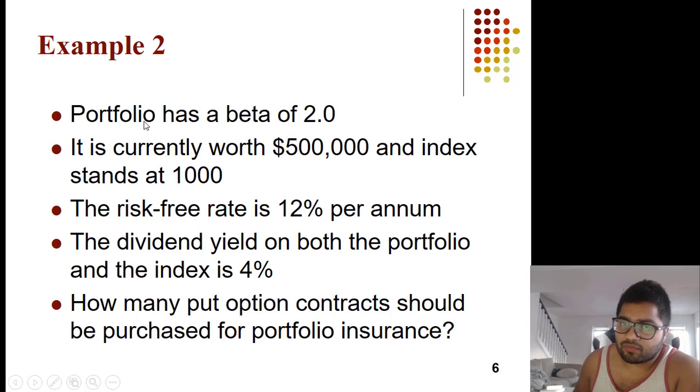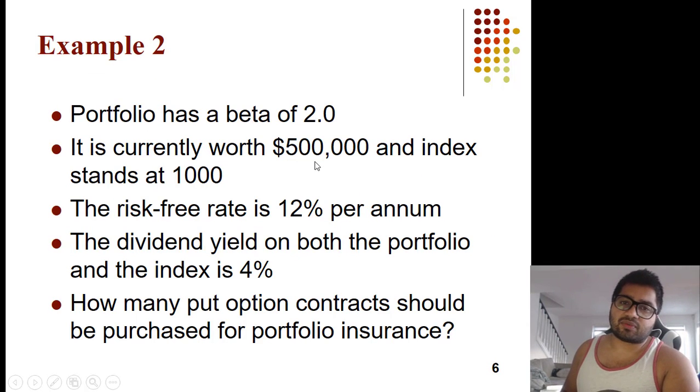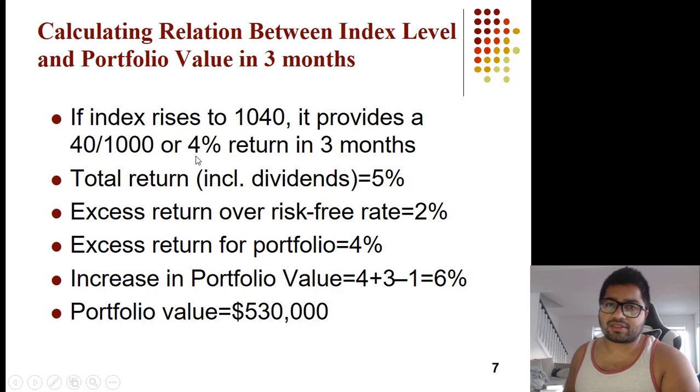So, an Excel problem. The portfolio has a beta of 2, its current worth is 500 and the index is 1000, the risk-free rate is 12%, and the dividend yield is 4%. How many put options to purchase? They have tried to solve it.